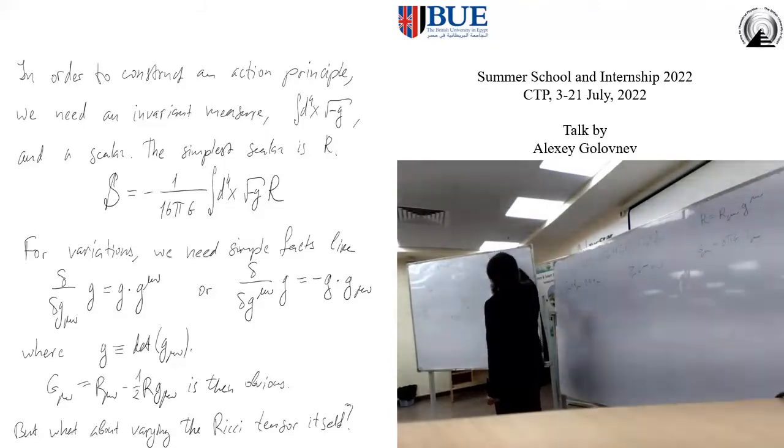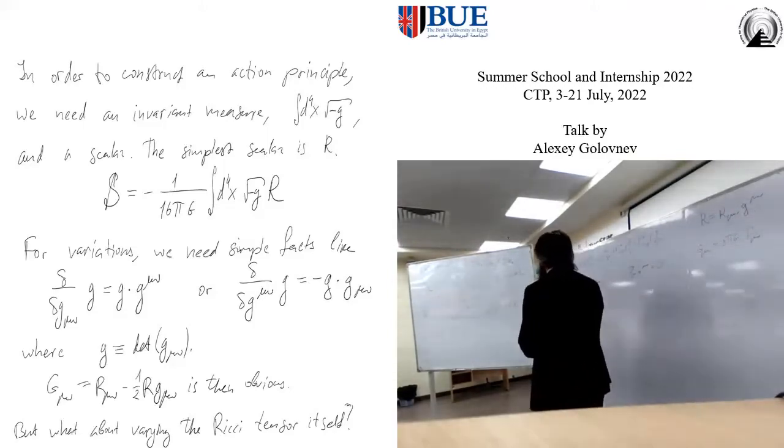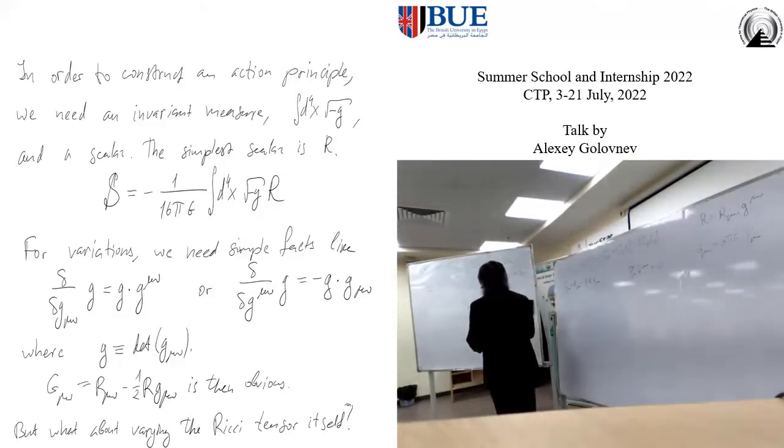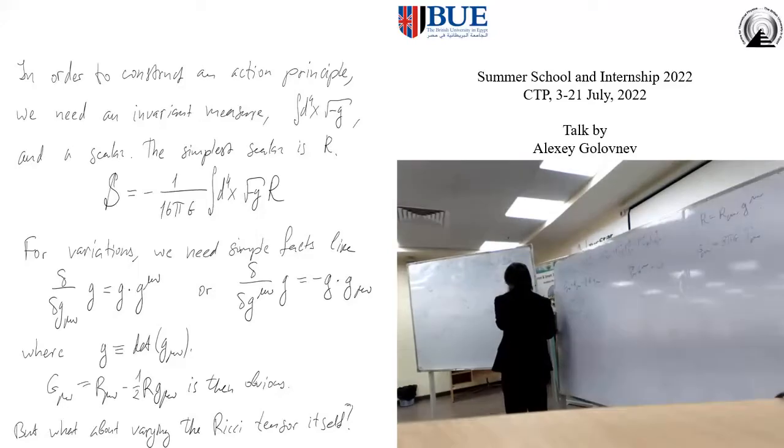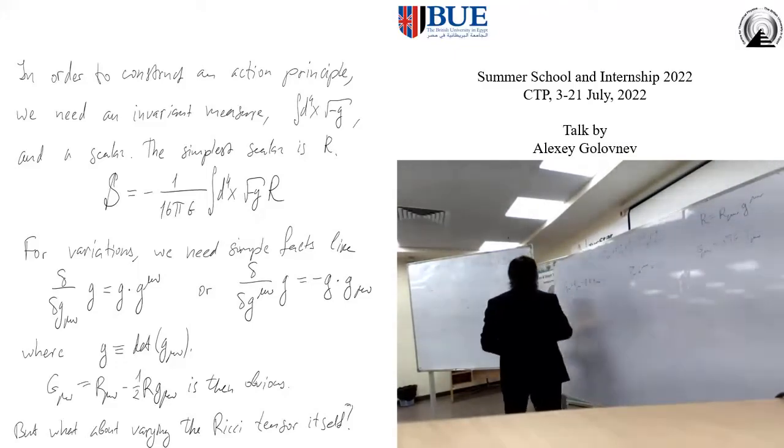So this goes like this for plus, minus, minus, minus. If you have the opposite convention, it will be plus here. Okay. So then what I'm going to discuss now is how you could see that variation of this kind of action would give you the Einstein equation. So that's what we want to do now.